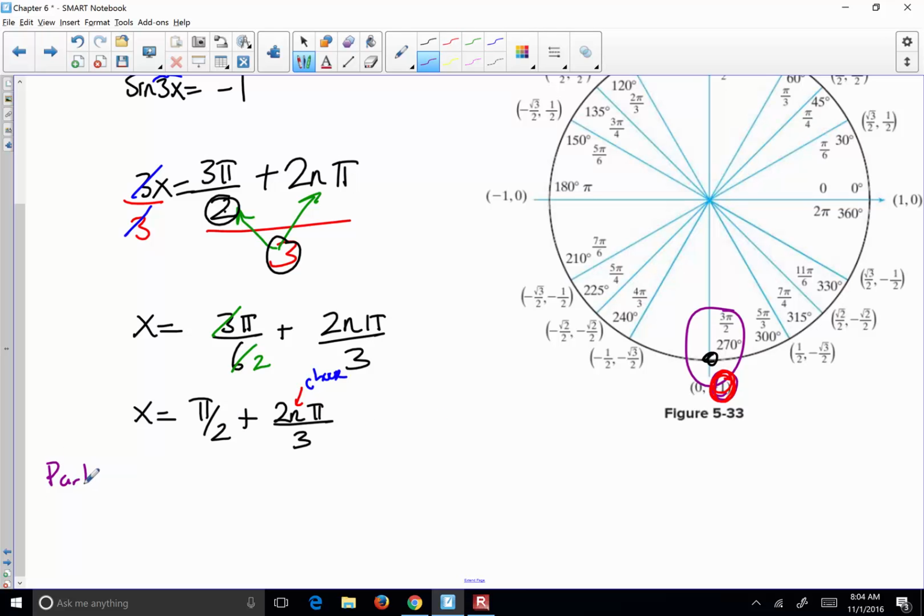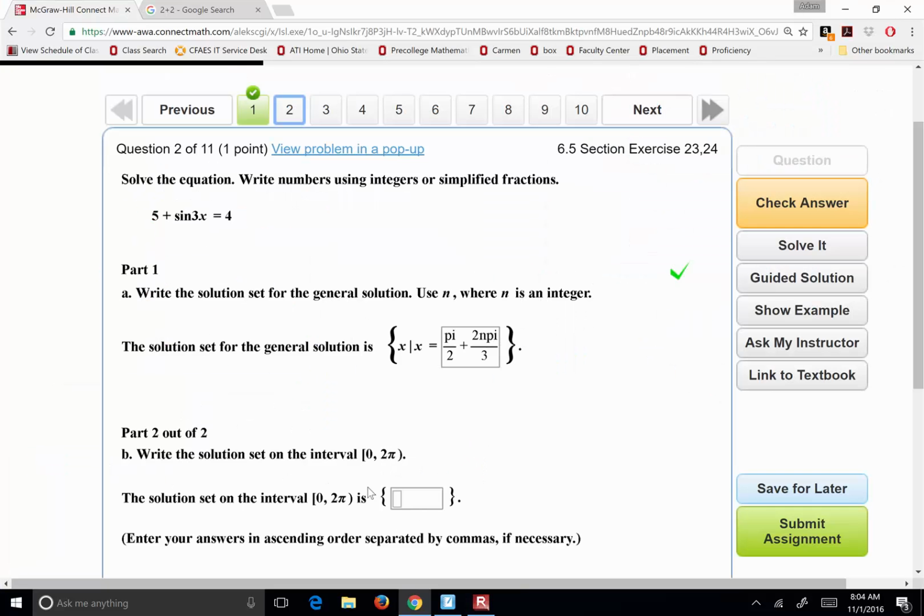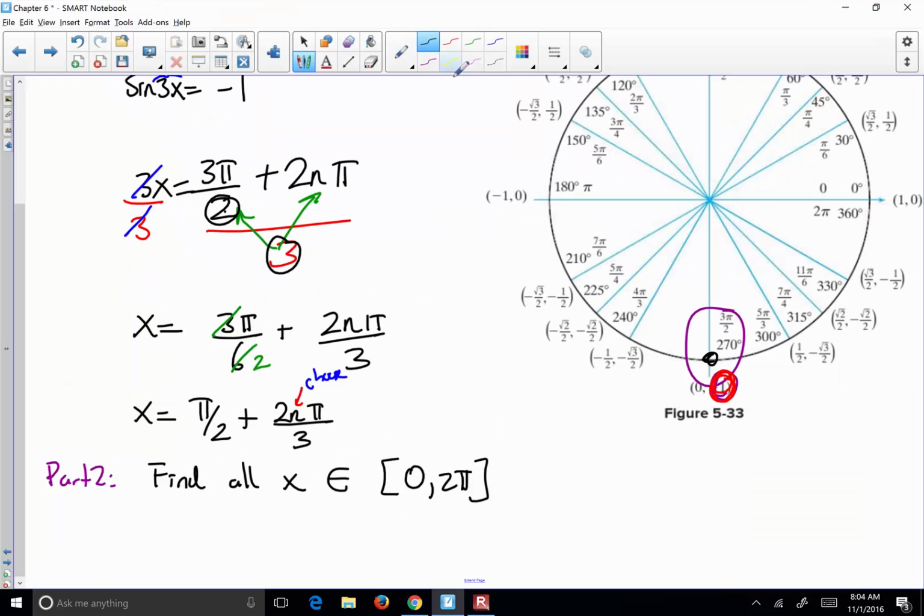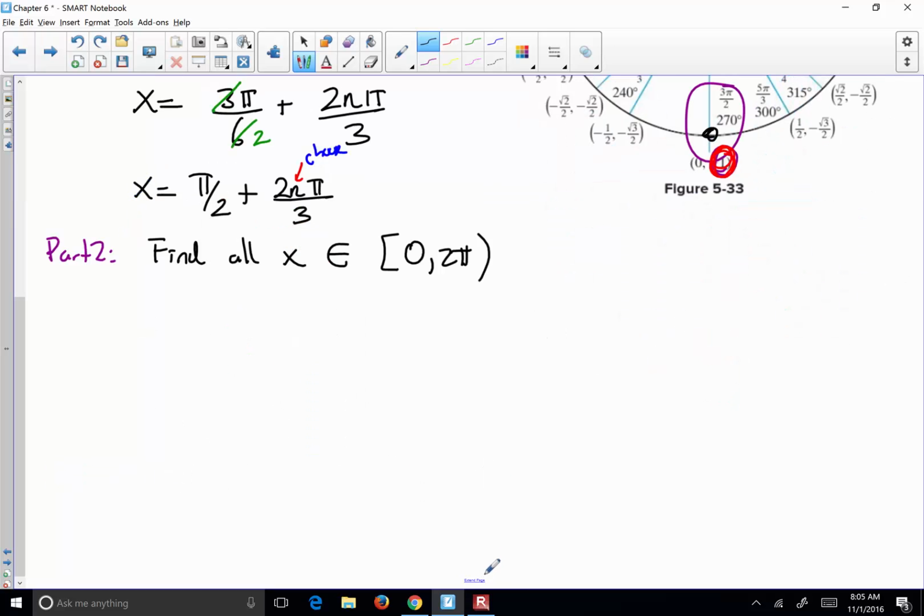Part 2 is to find all x's from 0 to 2 pi. That's what it says here. Start with 0, but don't include 2 pi.